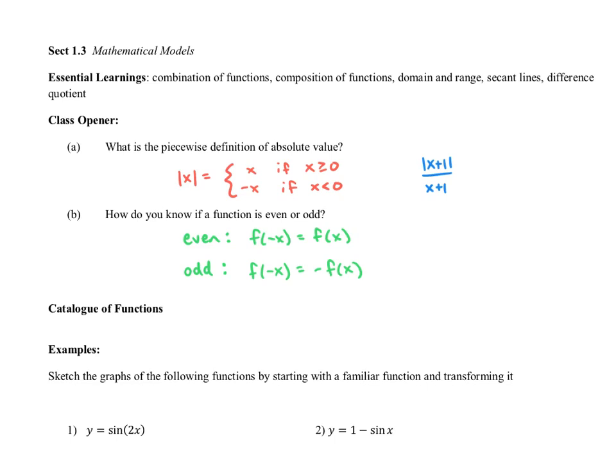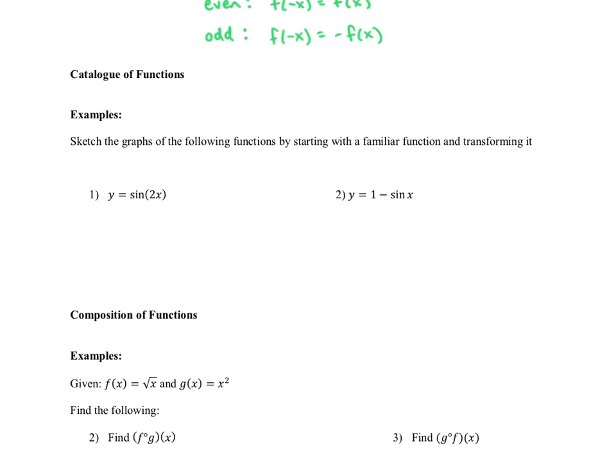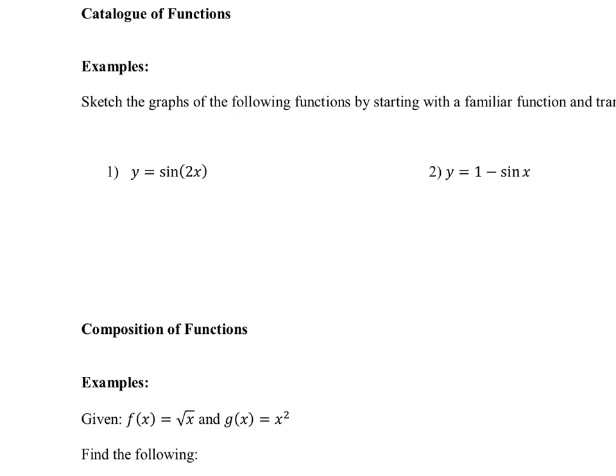Let's talk a little bit about some trigonometry graphing. Let's look at sine of 2x first. In pre-calculus, you do a lot of graphing with multiple transformations. That is just not common in calculus, where we might have one or two transformations.